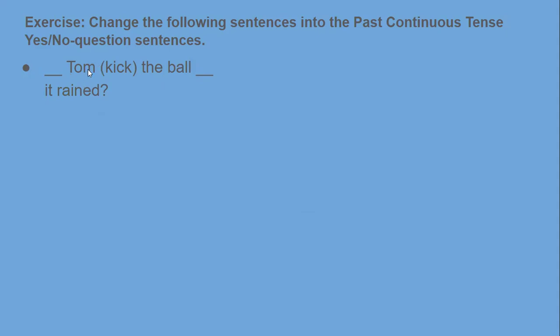Our subject is Tom, and Tom is a he. So we need to start with was, and then we need to make our verb end with an ing, and it becomes kicking. So the correct sentence becomes, was Tom kicking the ball when it rained?